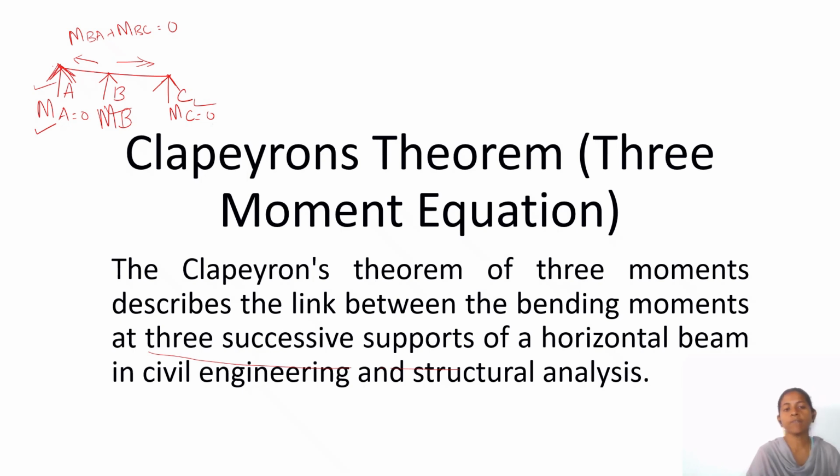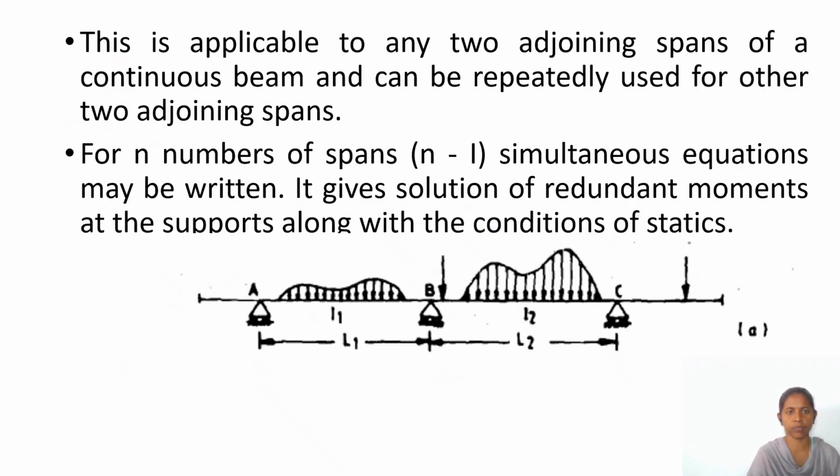It is one of the analysis methods for indeterminate analysis, and it is very easy to calculate. It is applicable to any two adjoining spans of a continuous beam and can be repeatedly used for other two adjoining spans.